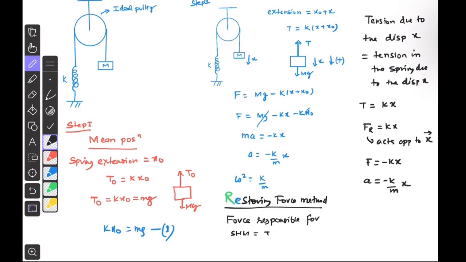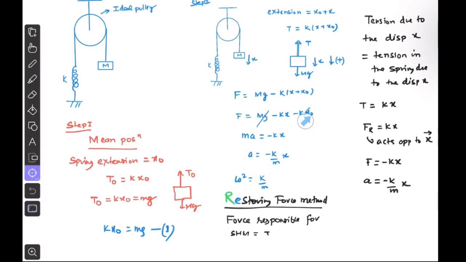So the tension in the string will be kx, upward, and that will be the restoring force. I hope you understand this way. We are avoiding the cancellation of mg because we know it will get cancelled, so why write it in the first place? It's not a new method, we are just avoiding some calculation.